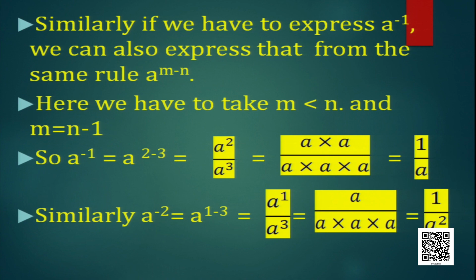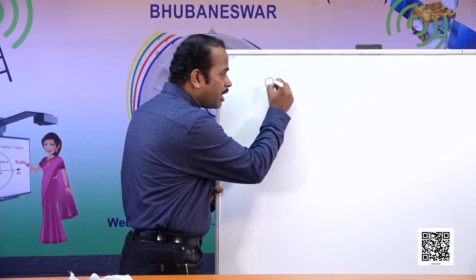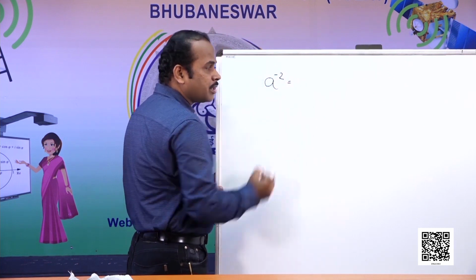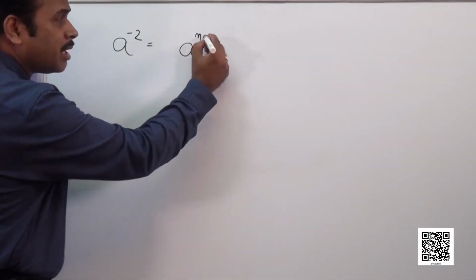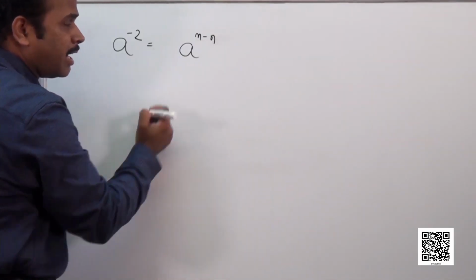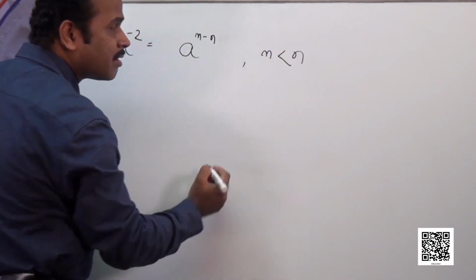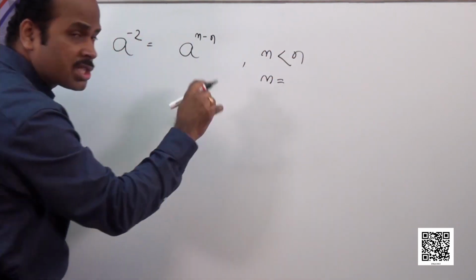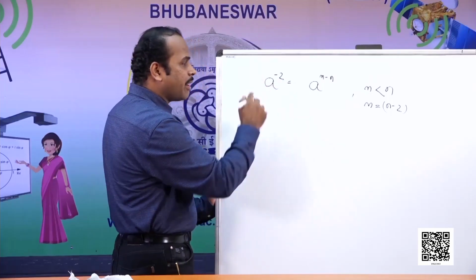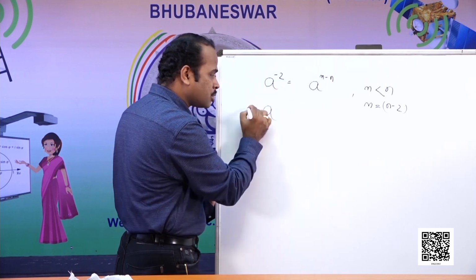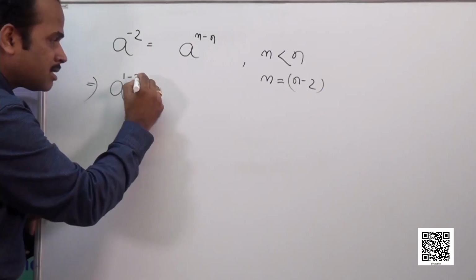If I express a to the power minus 2, how will I write it? a to the power minus 2 is equal to, with the same formula, a to the power m minus n. I can take m must be less than n, and m I will select such that it will be less than n. So now I will select a to the power minus 2 is equal to a to the power 1 minus 3.